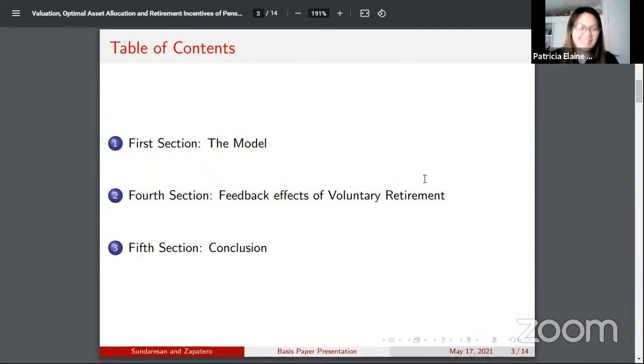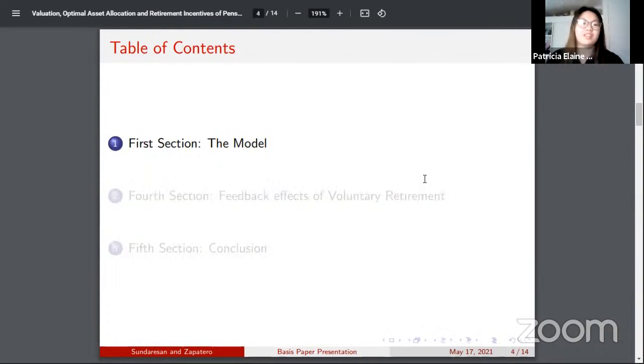Second, the fourth section, where the valuation formula was used to identify the asset allocation policies that ensure the pension obligations were met. In addition, this section also describes how asset allocation policies or decisions on both mandatory and voluntary retirement differ from each other. Finally, the fifth section, which summarizes the whole study and contains the conclusion.